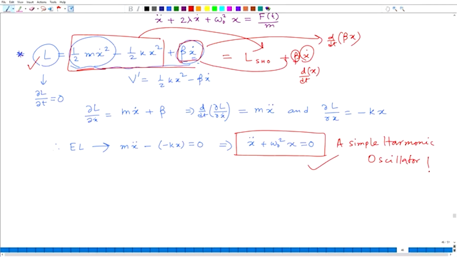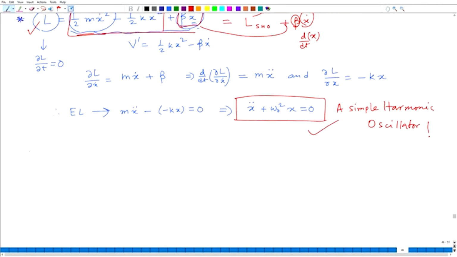Finally, before wrapping this lecture up, I will give you another important but interesting example. That is, I have a Lagrangian now, half m x dot square minus half k x square plus, let us say, alpha t cube by 3.